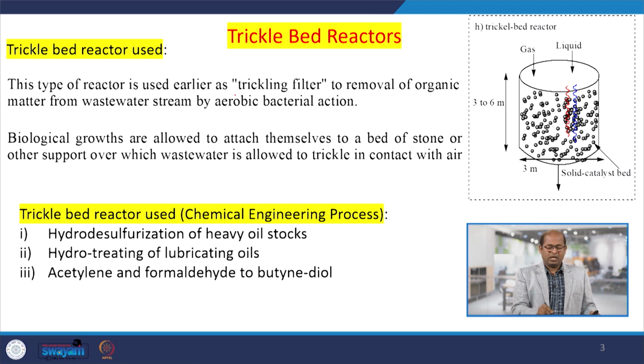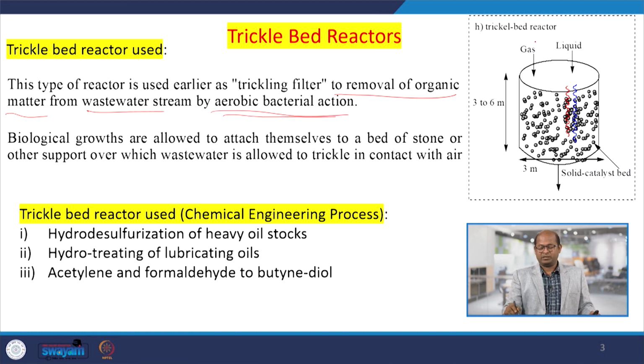It is actually used for the removal of organic matter in wastewater. Suppose you have a wastewater stream containing organic waste materials, and you want to digest them through aerobic bacterial action.